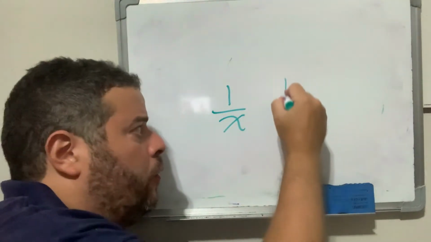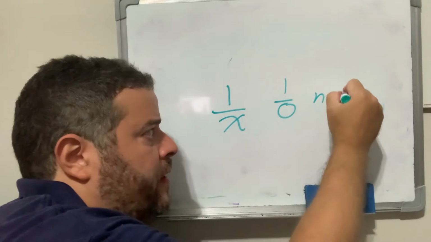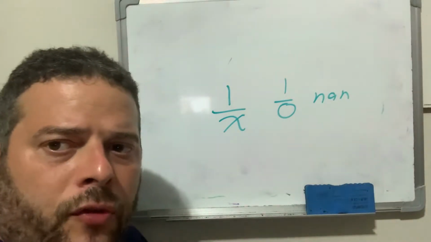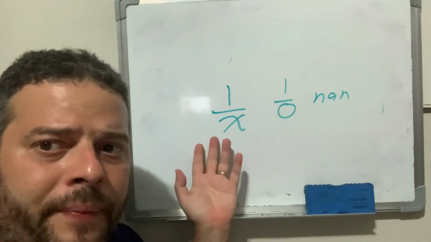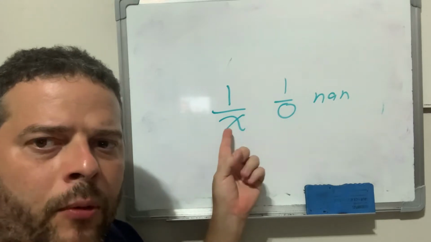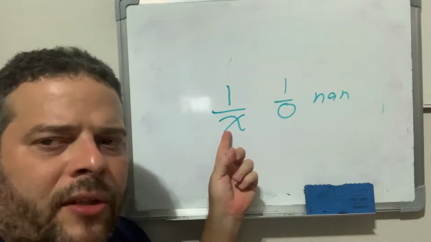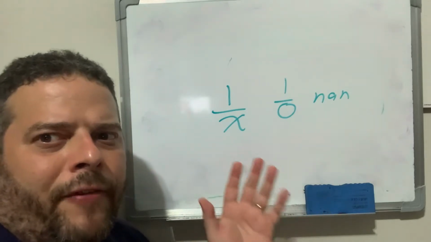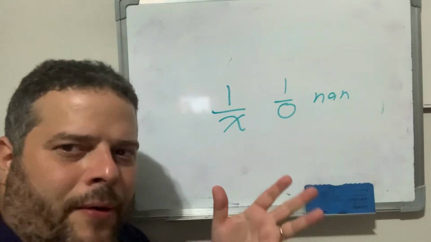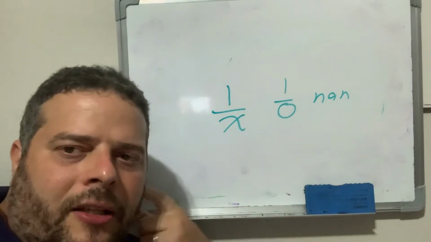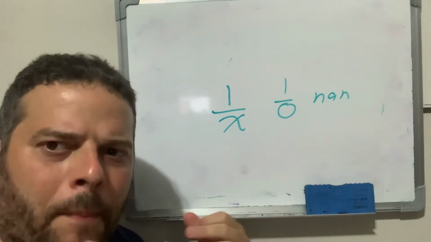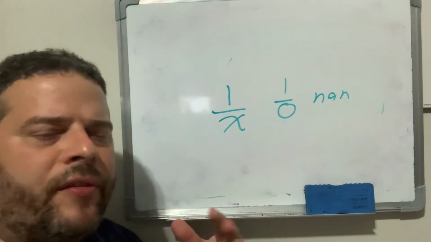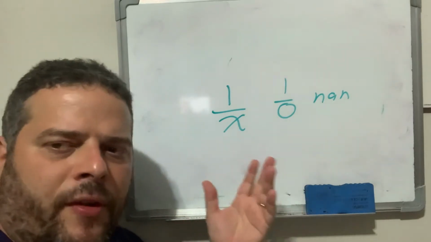If I do 1 over 0, I end up with something that is not a number, NaN. So the domain would be everything except 0, because 0 doesn't make sense. You'll end up with not a number. When you plug this into your calculator, that's an error. No, that's not an error, that's just not a number, and the calculator cannot compute that. But domain, pretty much, is all possible values that exist for that function.